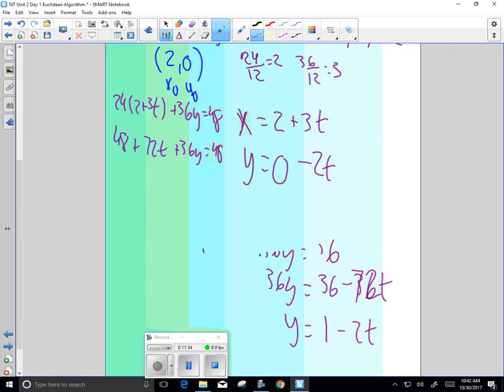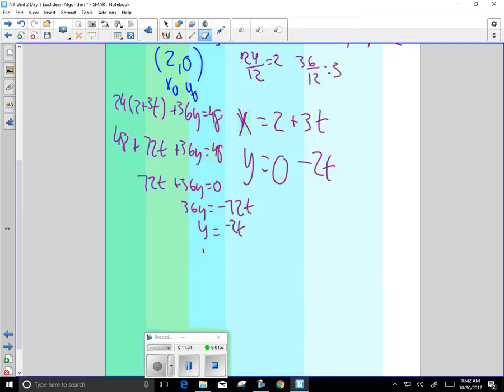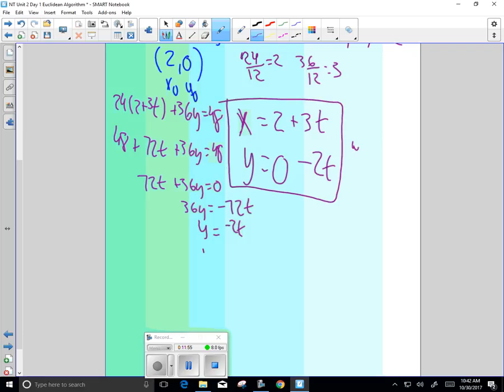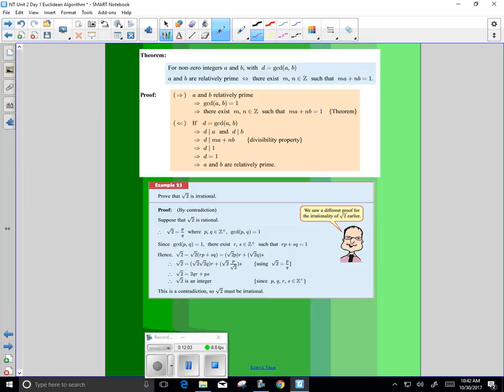Subtract 48, you get 72t plus 36y equals 0. 36y equal negative 72t. What will y be equal to? Negative 2t. So we got it working perfectly. So these are the two solutions where t is an element of the integers, and you're good to go. So that's kind of the basics of it.